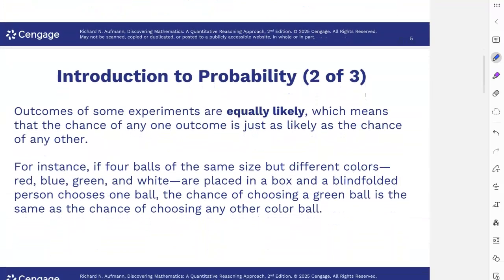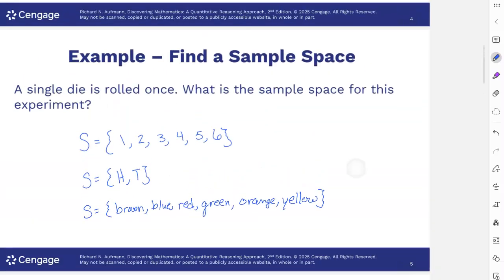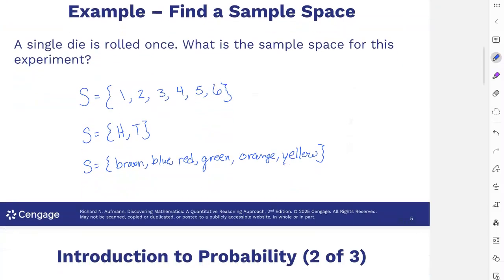Outcomes of some experiments are equally likely, which means that the chance that any one would occur is just as likely as the chance for another. So if we're thinking about rolling that die, then they're all equally likely events. And usually when you list that sample space, you want to list it in such a way that it's defined simply, listing all the different possibilities where each one is equally likely to happen.